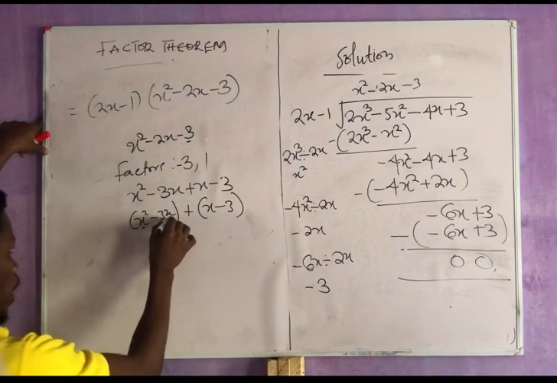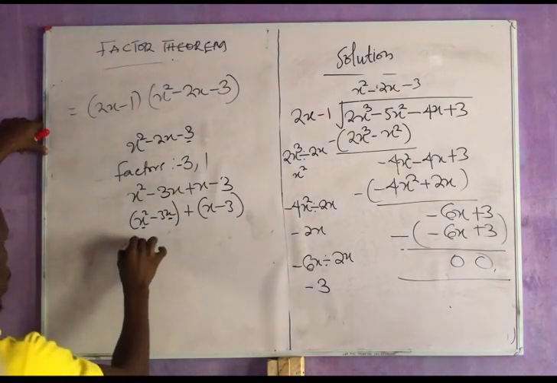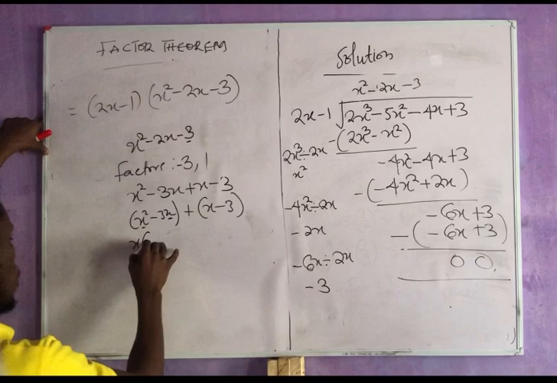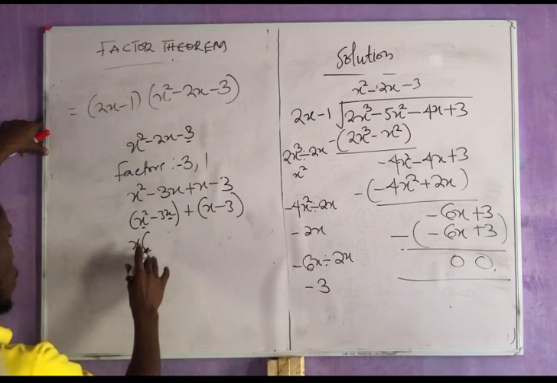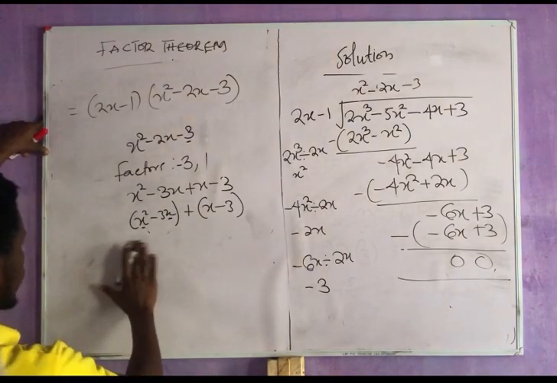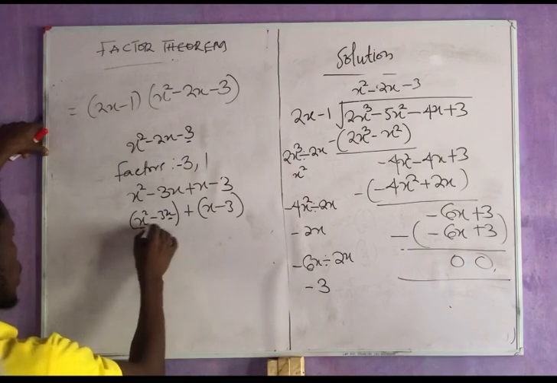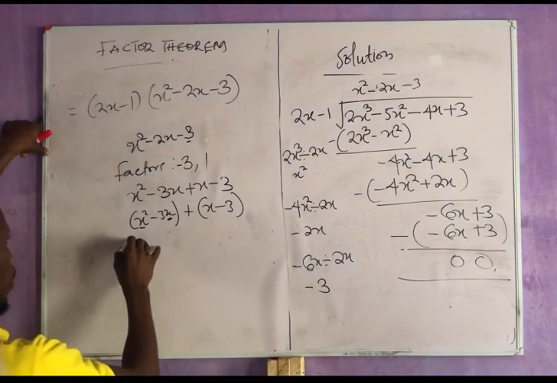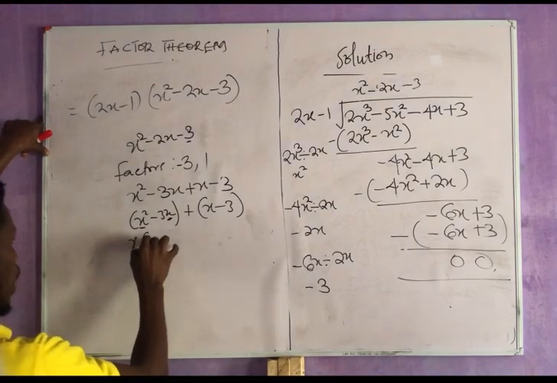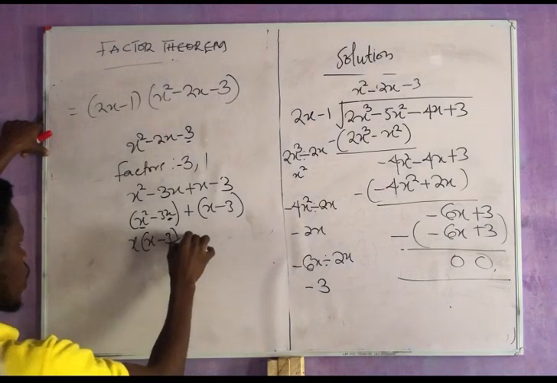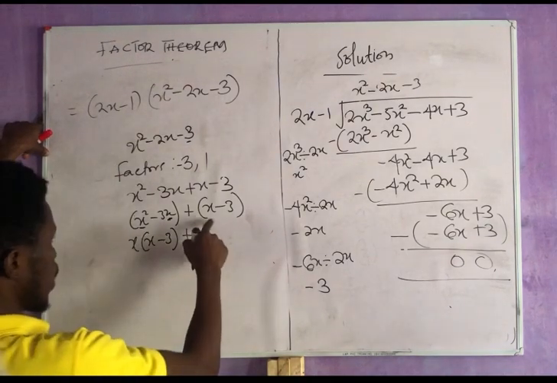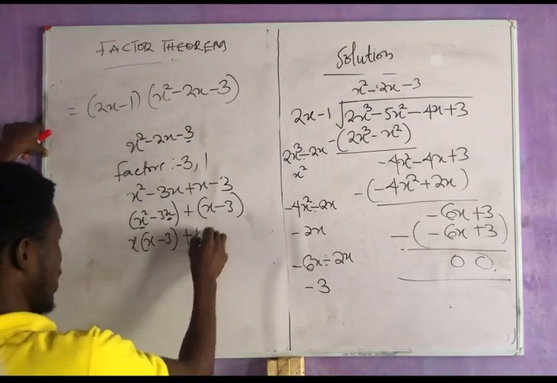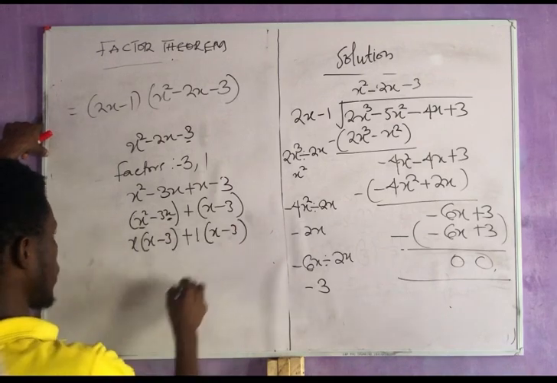You have x here, it is common, so I can bring it out. I have x minus 3. Then this side, what is common there is 1. So x minus 3 again.